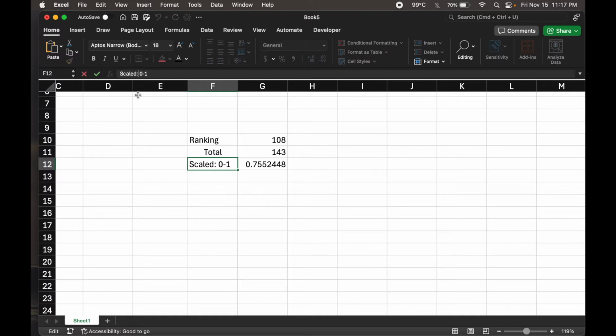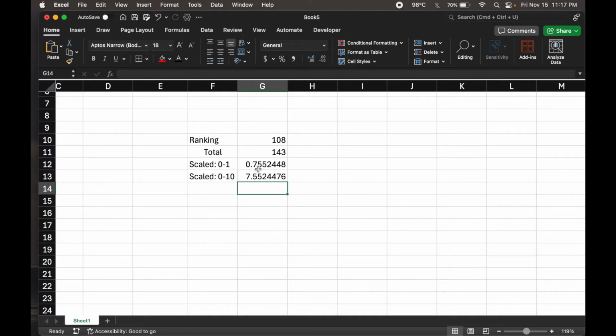And if I wanted to scale this between 1 to 10, there's a reason I'm doing this: as we will make our survey questionnaire, we'll see setting values from 0 to 10 are easier for respondents to work with and give their opinion on, rather than have them in decimal numbers, right? So this would simply entail multiplying this number with 10, because it's already scaled from 0 to 1. Multiplying this with 10 scales it between 0 and 10.